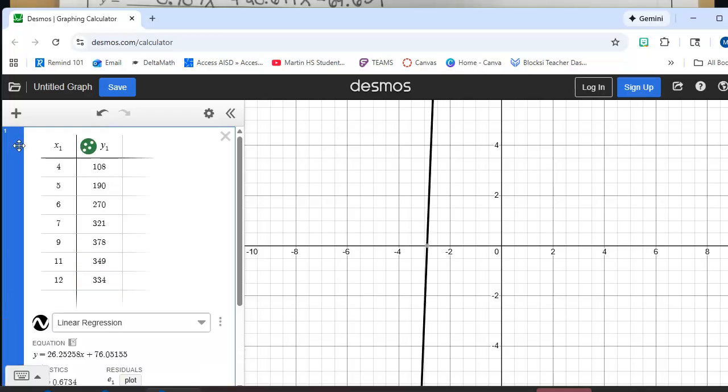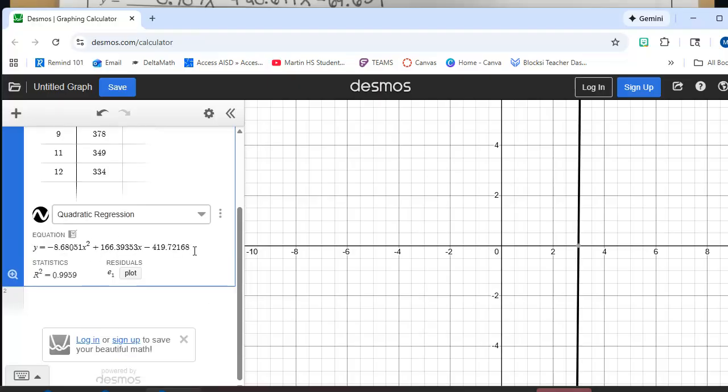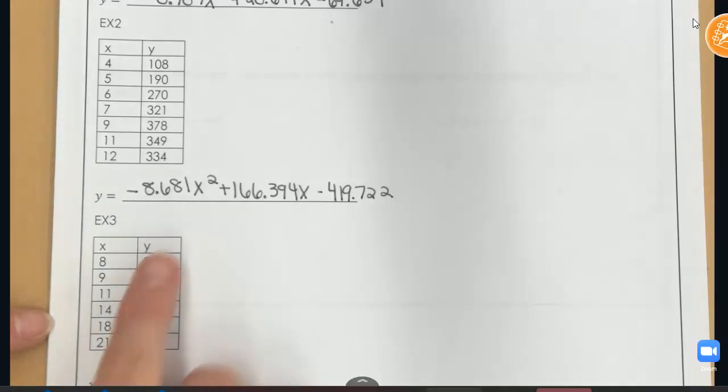Okay, then I'm going to add a regression, a quadratic regression, and again it's going to give me my equation, and I'm going to round to 3 decimal places. This one's going to be -8.681x squared plus 166.394x minus 419.722. That is going here for my equation.